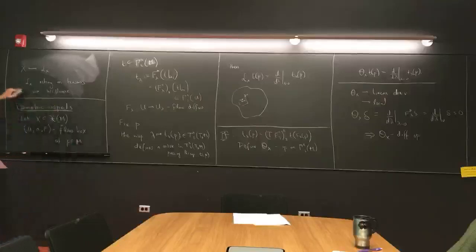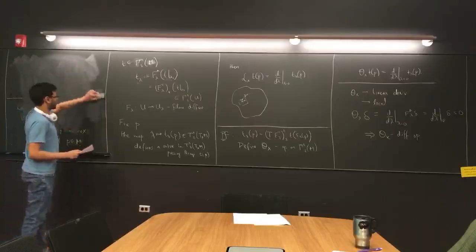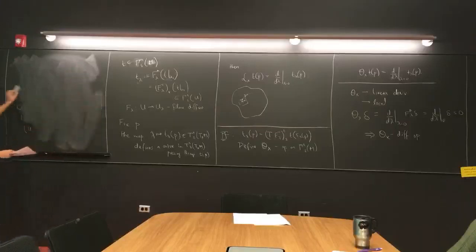Now, because of Willmore's theorem, we only need to check that theta x agrees with the Lie derivative on smooth functions and on vector fields, and that'll guarantee that it agrees with the Lie derivative on every tensor field.